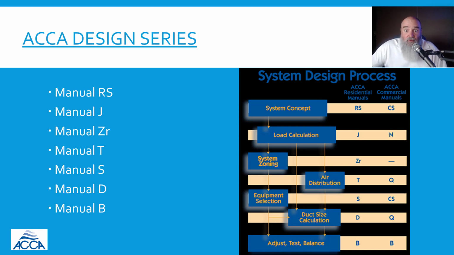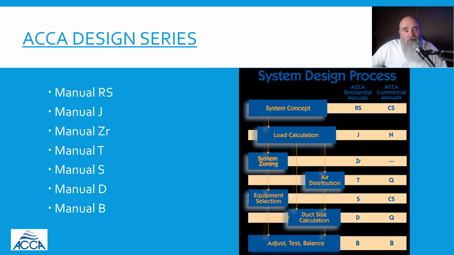T stands for terminations, grills and registers. There is not enough effort put into selecting grills and registers, in my opinion, because most of the time what we end up with is a choice based off of aesthetics in lieu of a choice based off of performance. And the selection of those terminations can make a big difference in how a system performs.